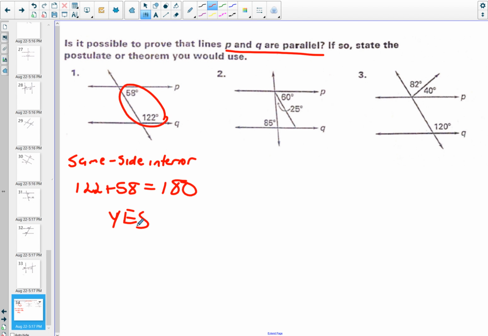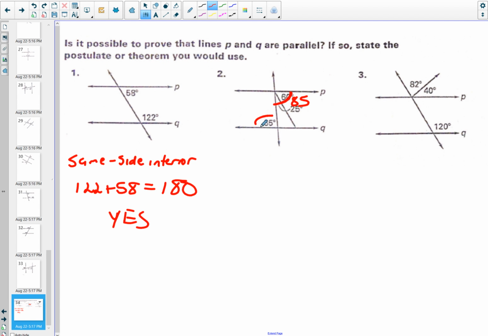Okay, number 2 is a little trickier. There's a lot of stuff going on here. Visually, try to forget that little segment's there. Even though our eyes are seeing a 60 and a 25, together, from P to this transversal, how many degrees are there? 85.